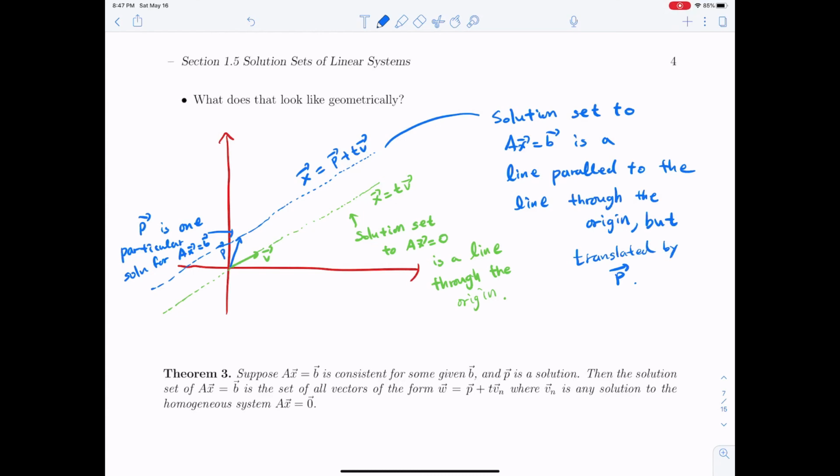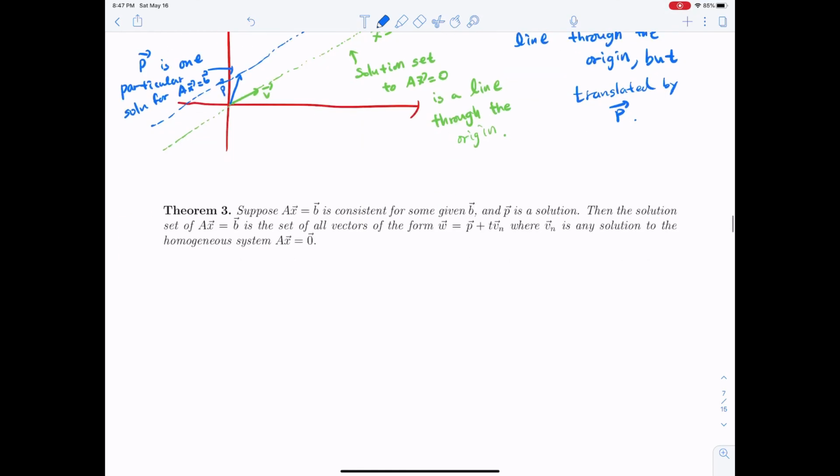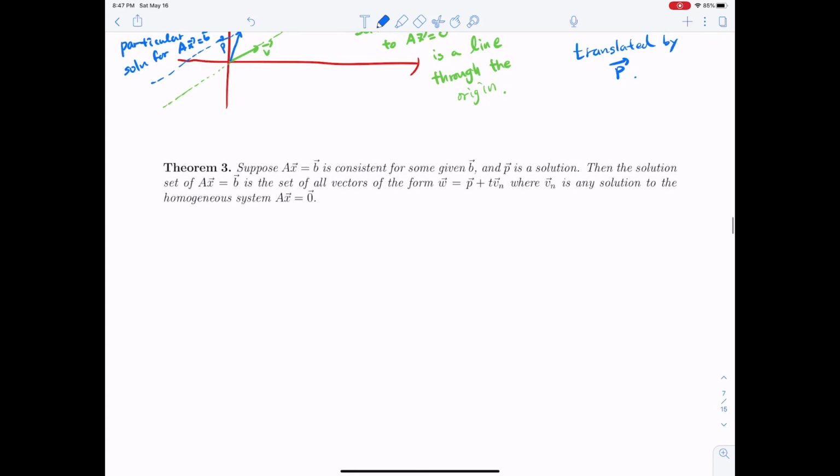So the theorem below summarizes what we have learned for this section. Suppose that we have a consistent non-homogeneous matrix equation and p to be a particular solution. Then the solution set for the non-homogeneous equation is of the form w equals p plus t v_h, where v_h is any solution to the homogeneous system.